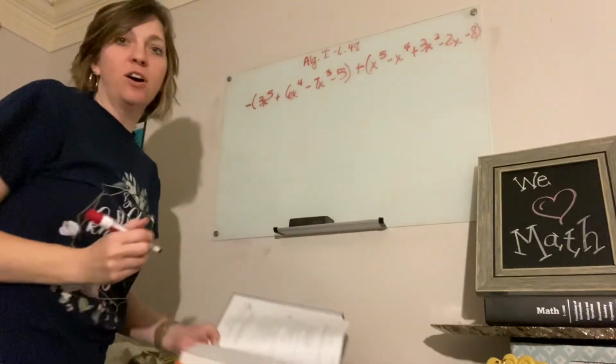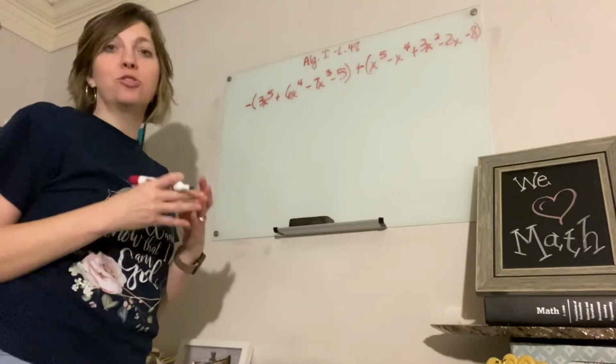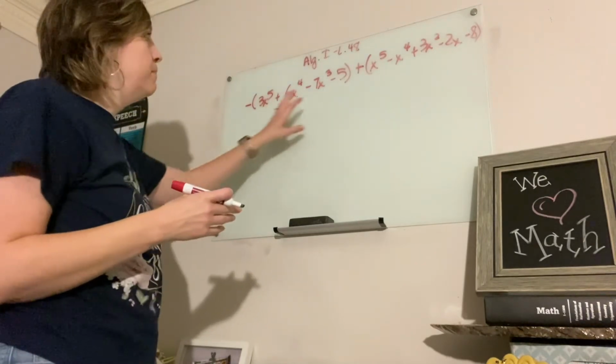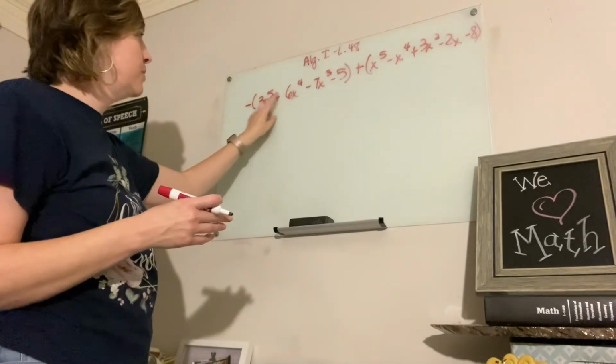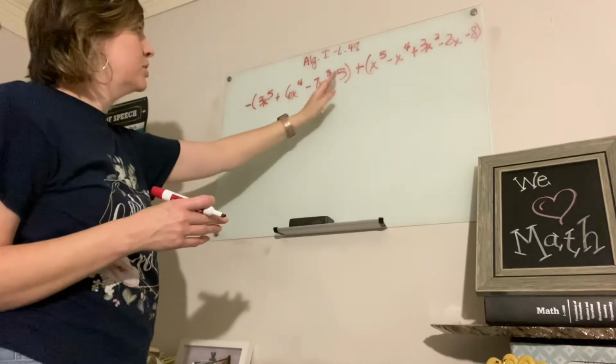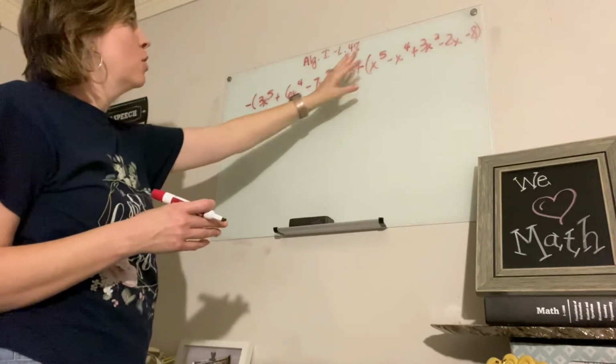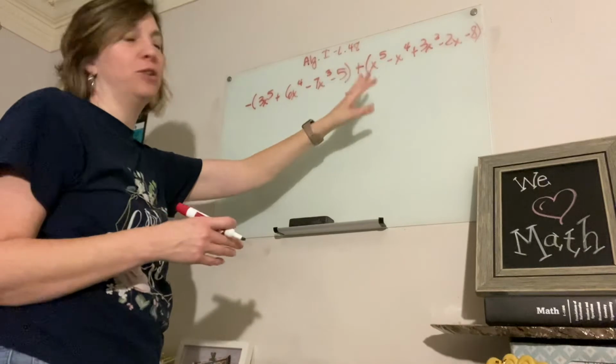Now, we've talked before that like terms are super important. So before I can do this, though, I've got to distribute this negative, and I do want to make sure that I am watching to combine like terms here.